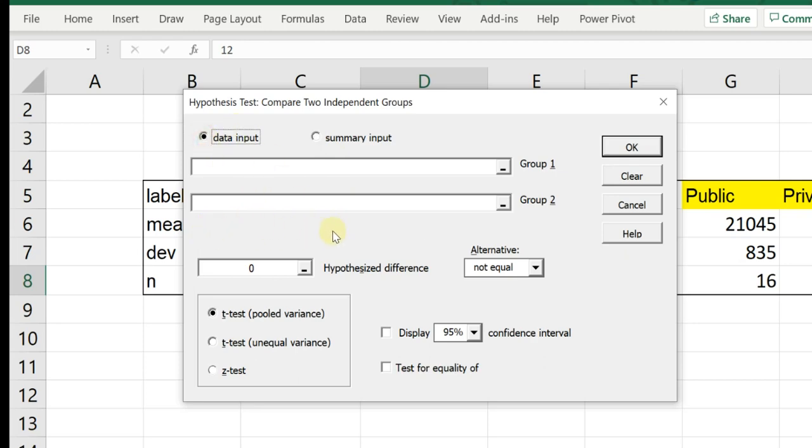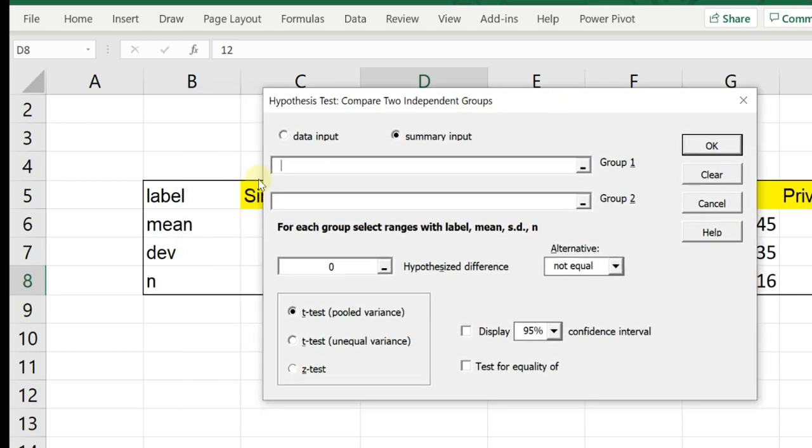Down here in boldface, a sentence is going to appear. There you go. Because it's summary input, it reads, for each group, select ranges with label, mean, standard deviation, and sample size. And notice that's exactly what I have here.